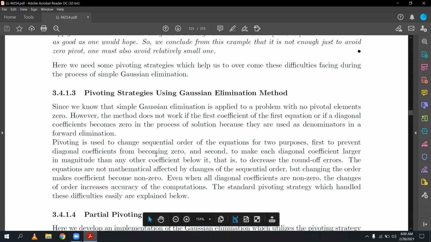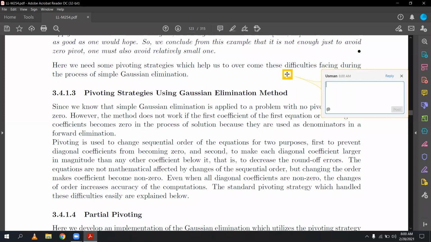And remember, last time we were doing the Gauss elimination, the simple Gauss elimination method.